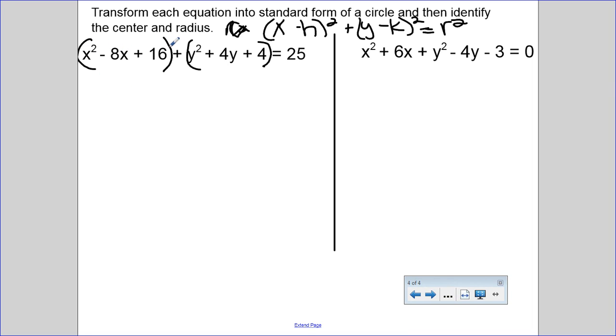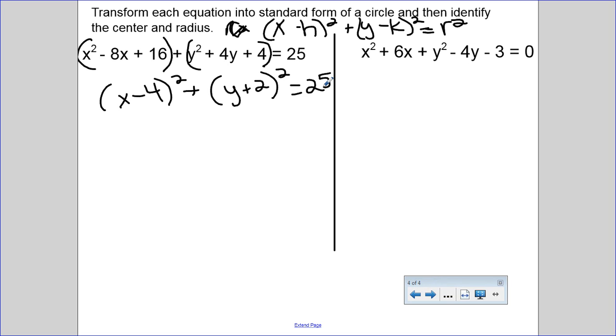And if I were to factor this, I would have (x minus 4) squared, factors of 16 that have a sum of negative 8, plus (y plus 2) squared. Again, this is one of our special trinomials where when we factor, it gave us a perfect square, and I don't have to do anything to the right.